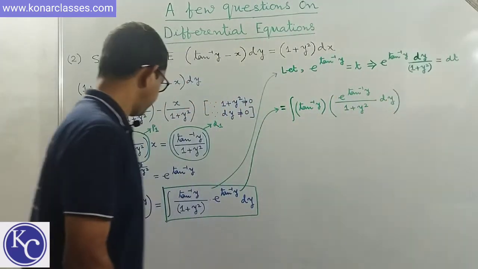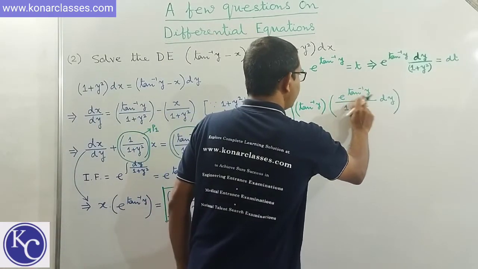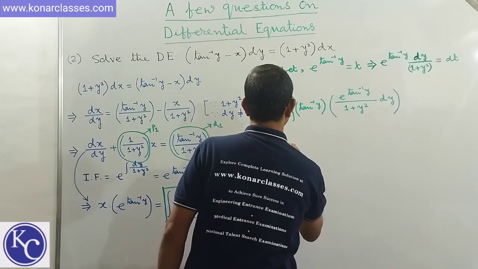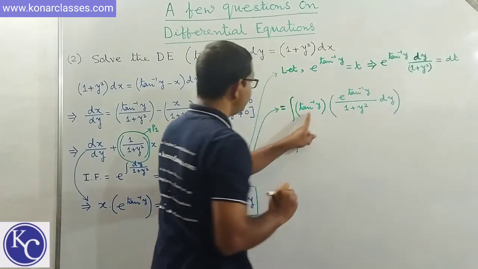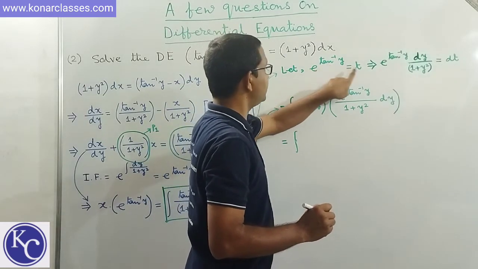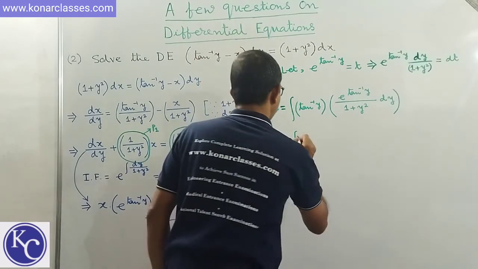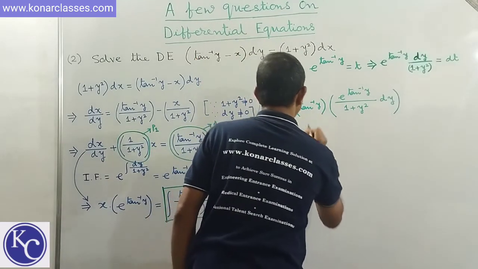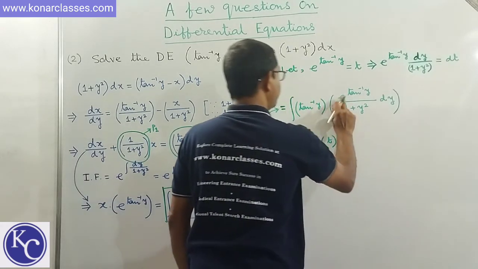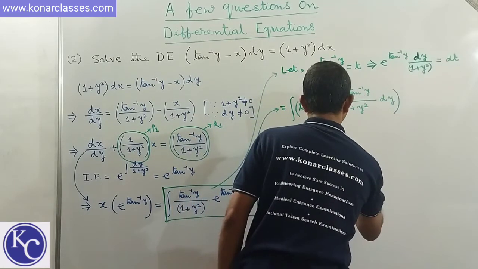Now e power tan inverse y dy by 1 plus y square is nothing but dt. So this is equal to integration tan inverse y dt. What is tan inverse y? As e power tan inverse y is equal to t, that means tan inverse y is equal to log t. So what do we get, dear students? Instead of tan inverse y, we get log t, and instead of e power tan inverse y by 1 plus y square dy we get dt.